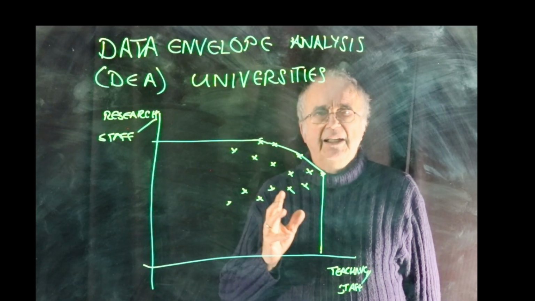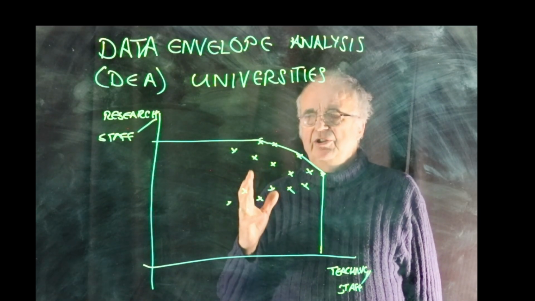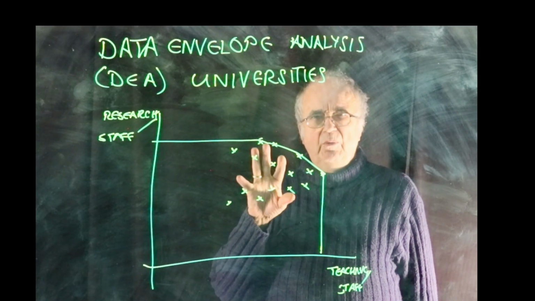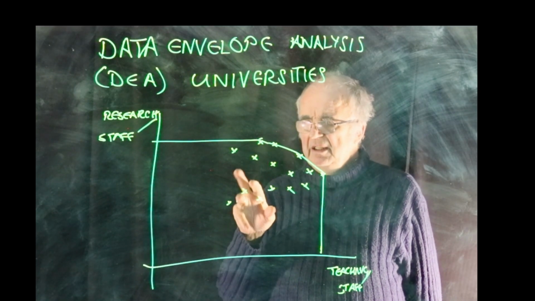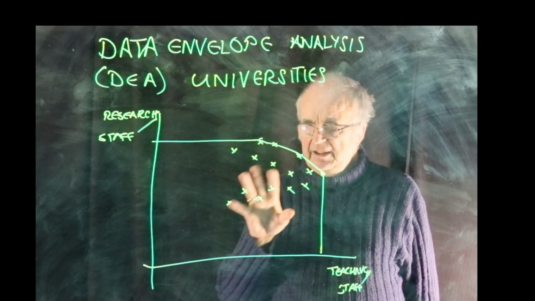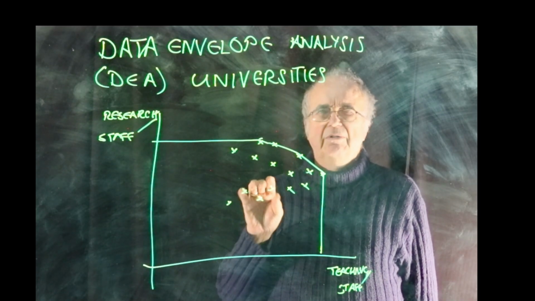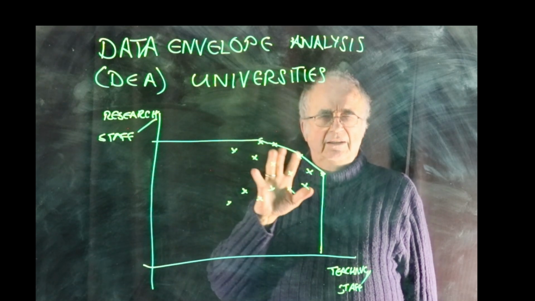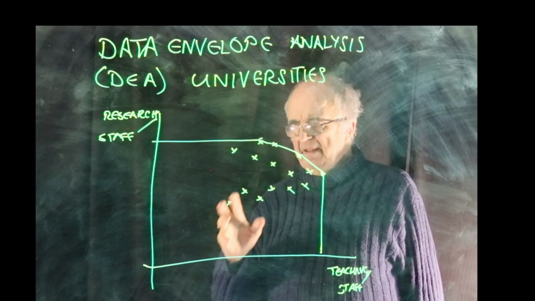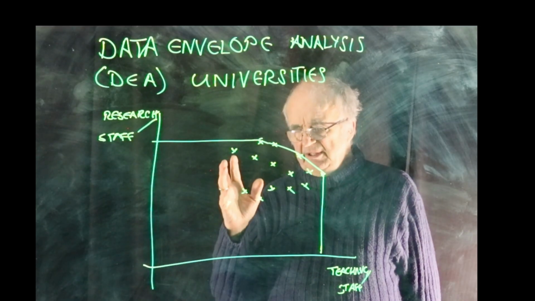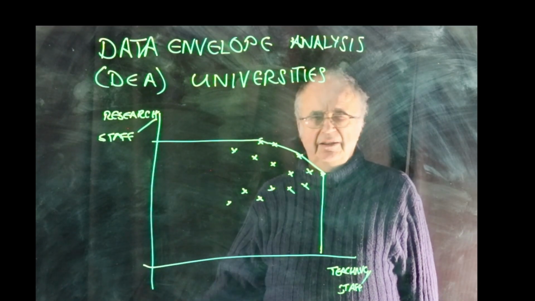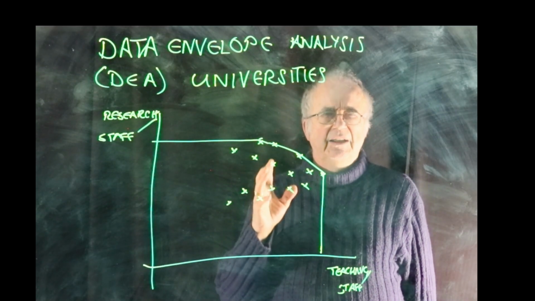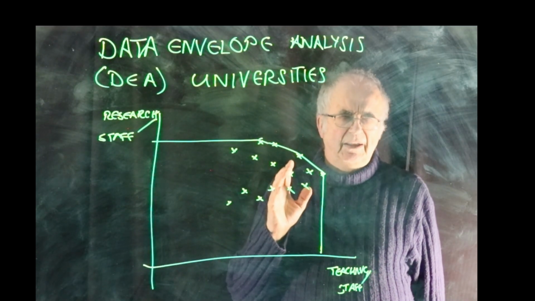But data envelope analysis does more than that. It allows us to fiddle with the results and see what it would take. What does it take to create a league table in data envelope analysis that would be the same as the league tables that we see in newspapers. National newspapers, The Guardian, The Times, QS, various different league tables, but they always tend to look similar.